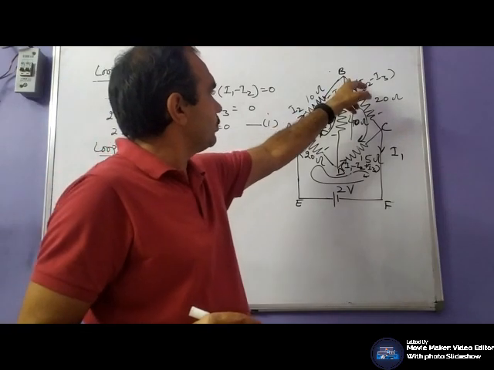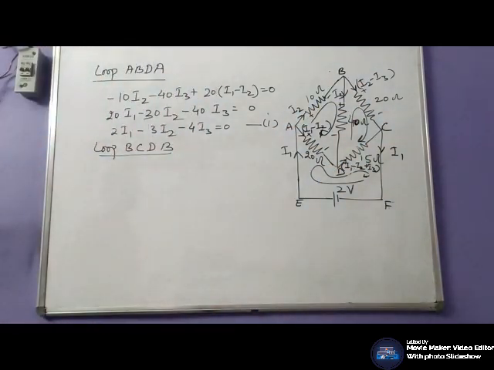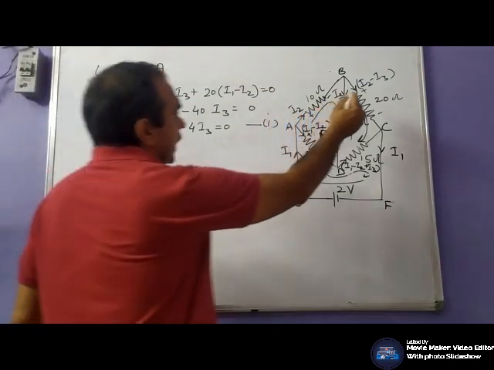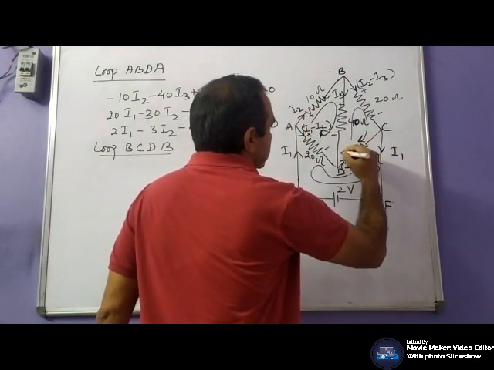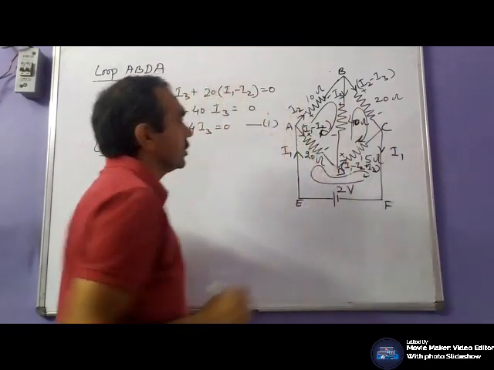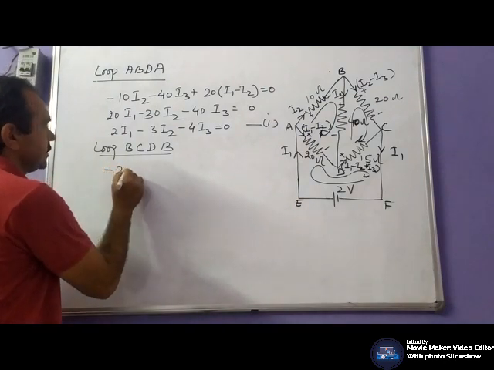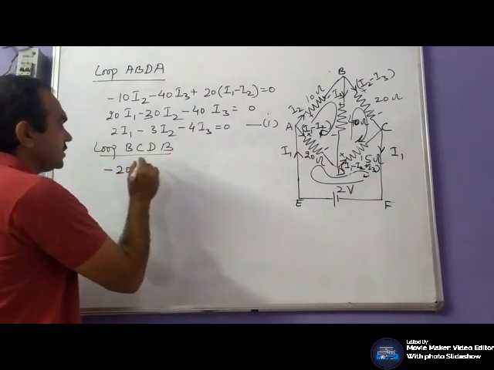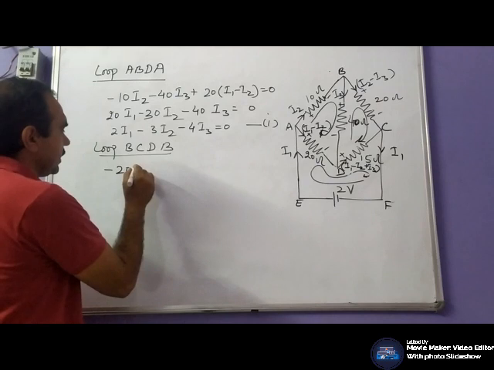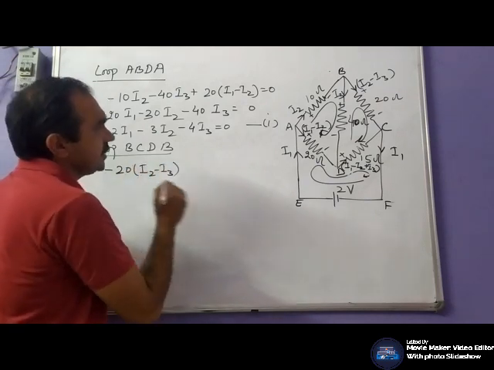Okay. Now come to loop BCDB. It would be higher, lower, higher potential and lower, current direction is this, higher, lower. Now start from here. Minus 20, as we are going from higher to lower, sign is minus 20 and current is I2 minus I3.